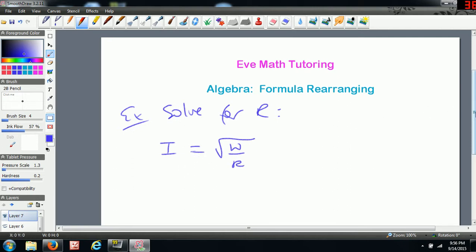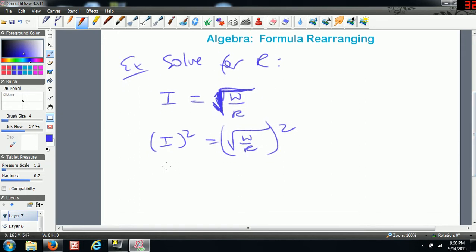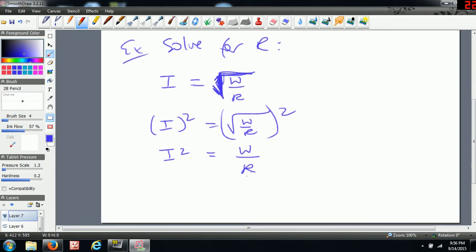Okay, now here we have a root. The root is covering this whole thing. So over here, first of all, we want to eliminate the root. So what we're going to do is square both sides of the equation. So then we get I squared equals W over R. So now we're trying to solve for R. So we're going to bring the R up.